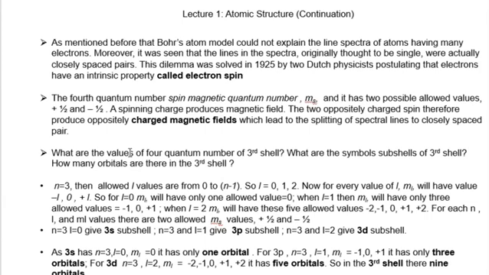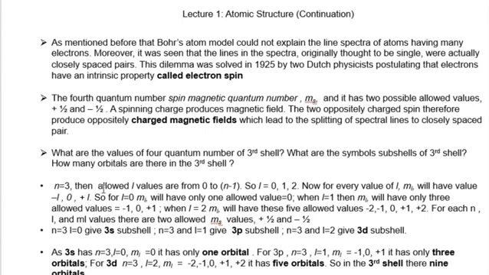Now I take an example of the third shell. What are the values of the 4 quantum numbers of the third shell? What are the symbols of the subshells of the third shell? How many orbitals are there in the third shell? So n is equal to 3. So we have allowed values for L equal to 0, 1, and 2, no other value.